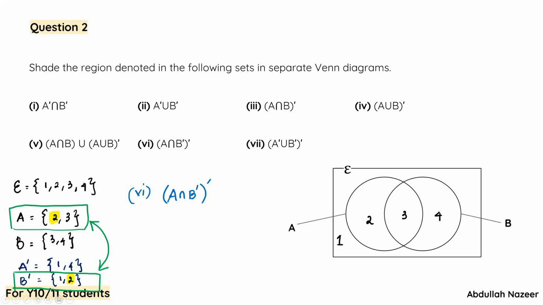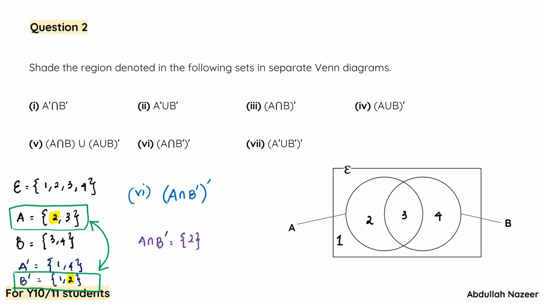So A intersection B complement, let me write that down, is the set that contains the number 2. Now we know A intersection B complement. The complement of that is everything else that is not in there, so everything except 2.